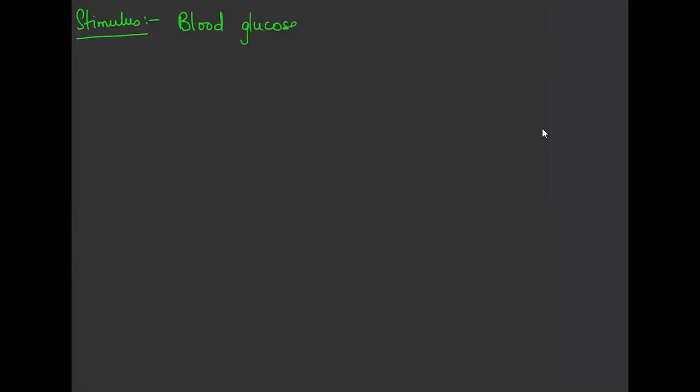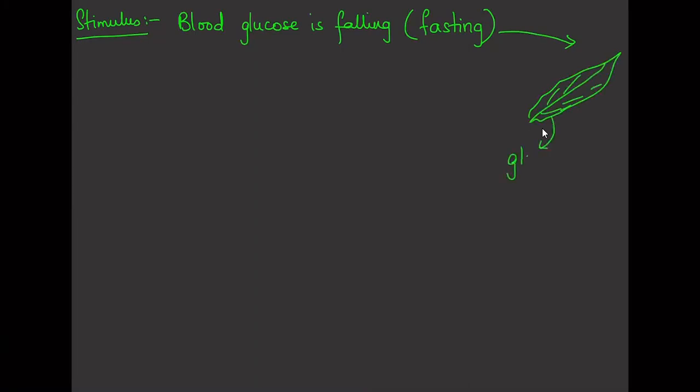Listen to this very carefully. Because you are fasting or starving. This is a stimulus, okay? You have the pancreas, a leaf-shaped organ. It gets stimulated and releases the hormone glucagon.